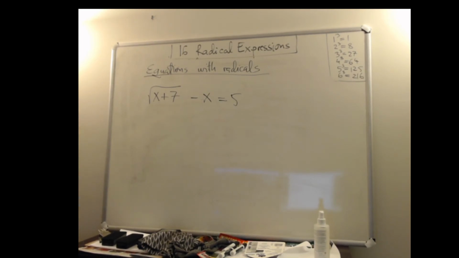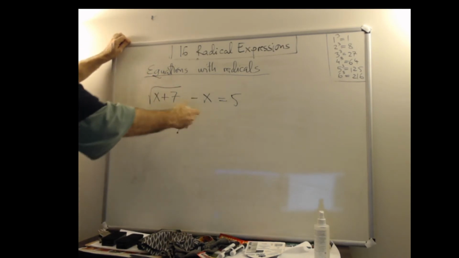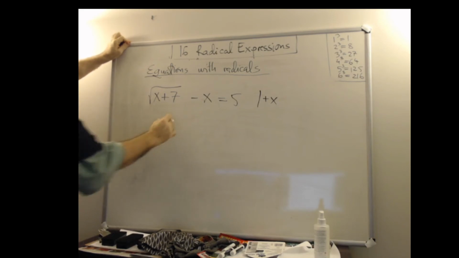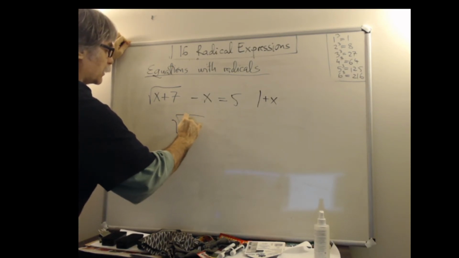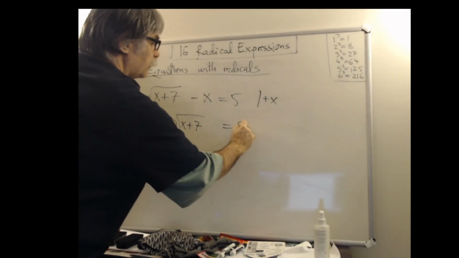Because again, you think about it. What's the news here? I've seen equations with x. I haven't seen equations with x involving a radical. So, okay, isolate. Add x. So I'm adding x to both sides. So I'm getting the radical of x plus 7. This one is gone when I add x. On the other side, I have 5 plus x.